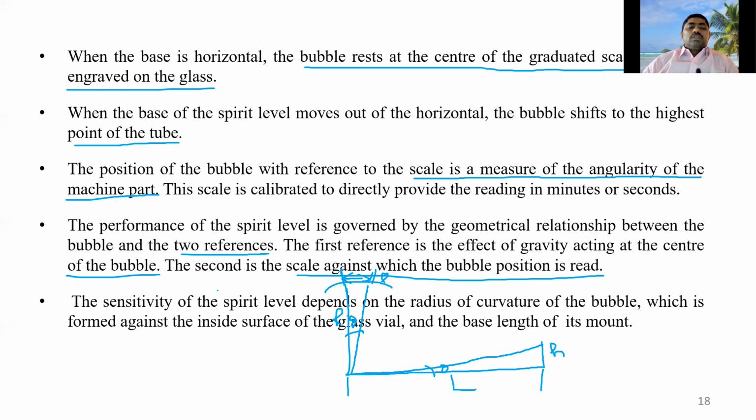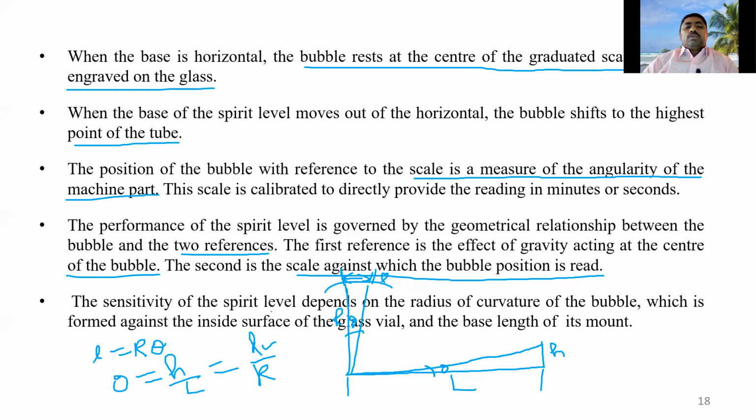Therefore, small l is equal to R into theta. Here theta is equal to H by L. From these two relations, theta is equal to H by L, and theta is equal to l by R. This l may be 1 mm distance or 2 mm distance. Here theta is in radians.